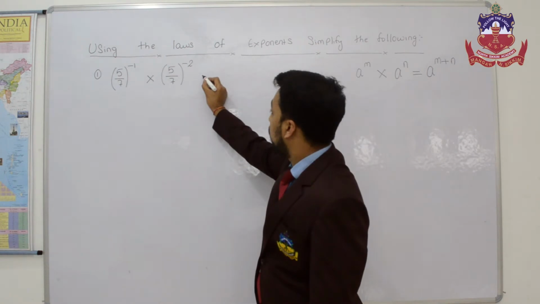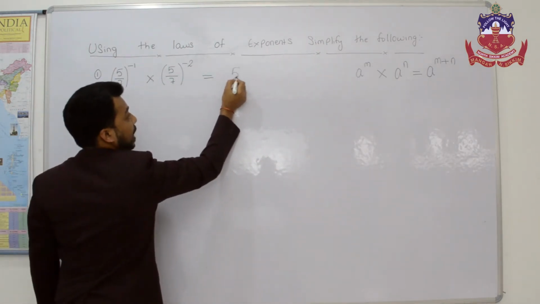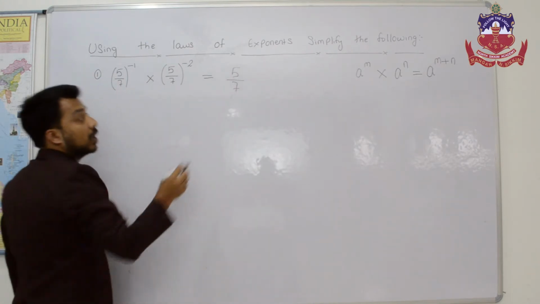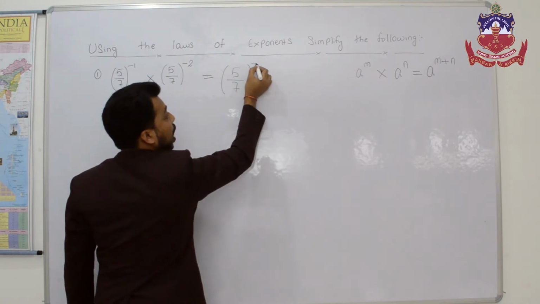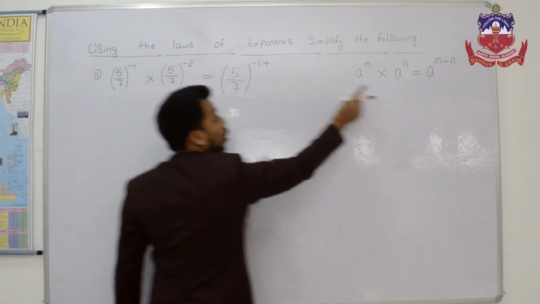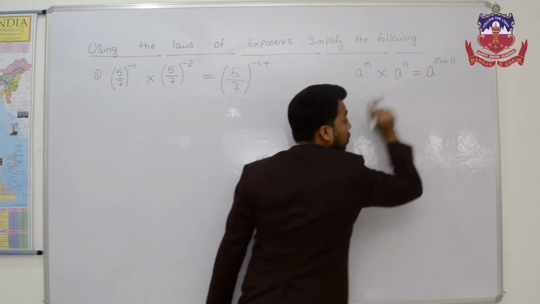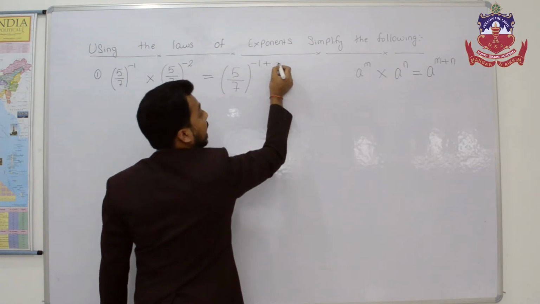So in the next step we can write this as 5 by 7, that is the base, only one time, and then we'll write the first power that is minus 1 followed with the plus sign because the law says you have to add the two powers. So you'll write plus sign followed with the second power which is minus 2.